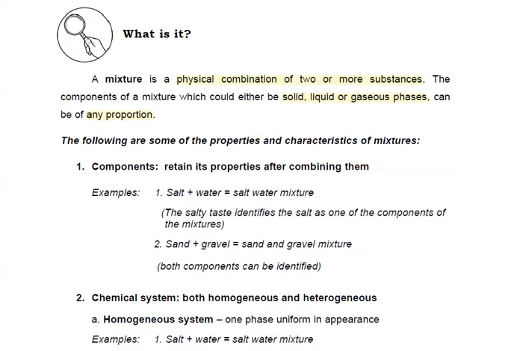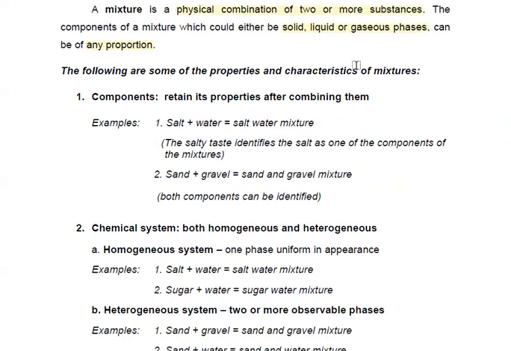So here, sinabi nila dito na it retains its properties after combining them. So even if imong gimix ang salt ug ang water, ang salt asin yun, no? Ang tubig, tubig jud. So it can be identified.